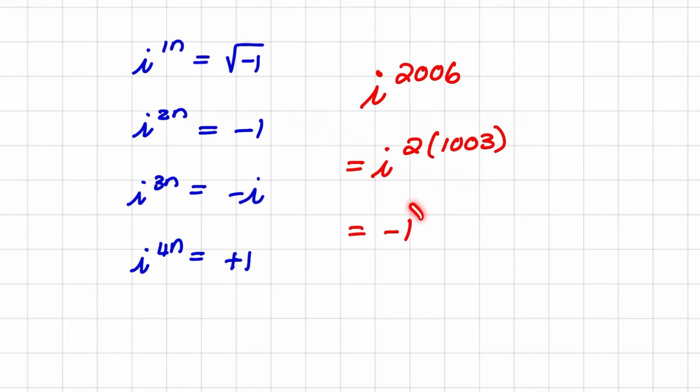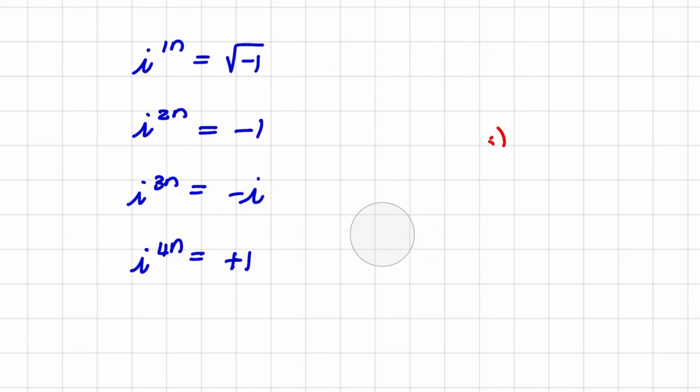And notice that this is a real solution. So if I focus on i, I can have a non-real solution or a real solution of -1 when it's raised to the power of 2n. When it's raised to the power of 3n, I have a non-real solution again. And when it's raised to the power of 4n, I again have a real solution of +1.